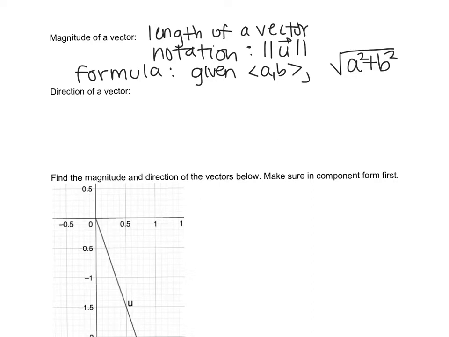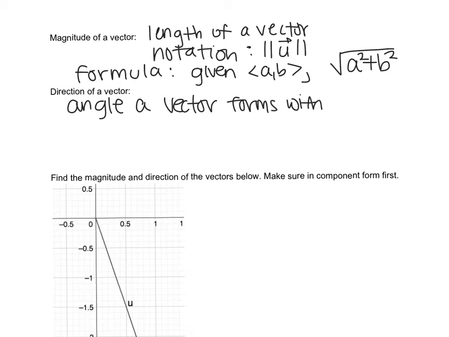Right. The direction of a vector is then that angle. It tells us where to draw our vector on our coordinate plane. So it is the angle a vector forms with the positive x-axis.